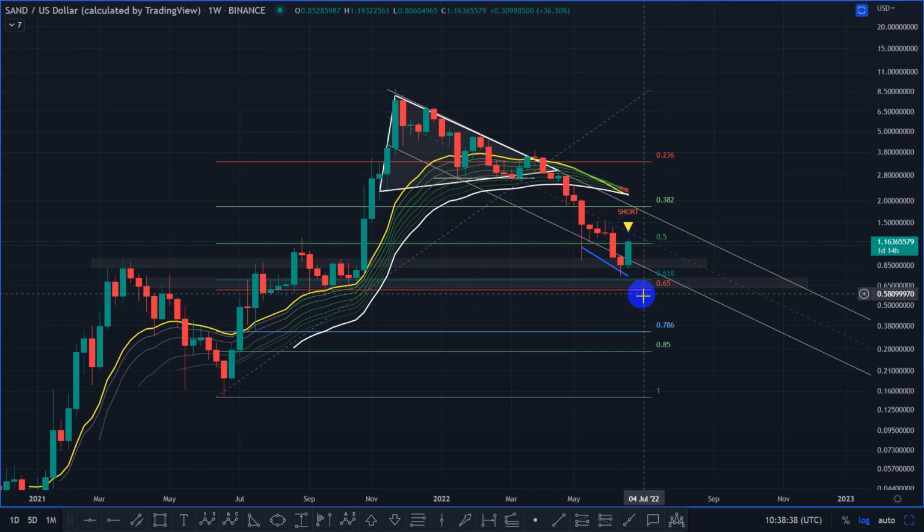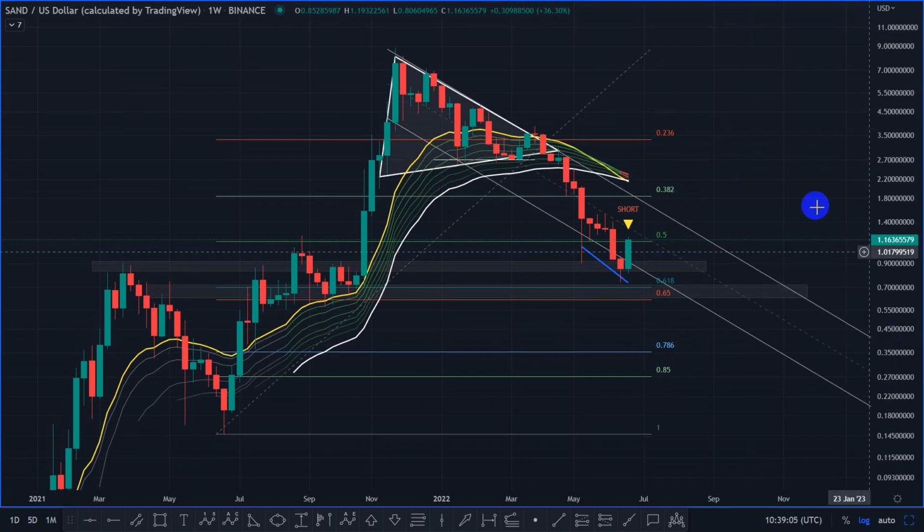Nah, still not there. I would really love to see the price go in here because I know that a lot of buy limit orders are placed here. But maybe it will still do something like this and go here and then bounce. Anyway, it doesn't matter for me because this is a good time to start accumulating.